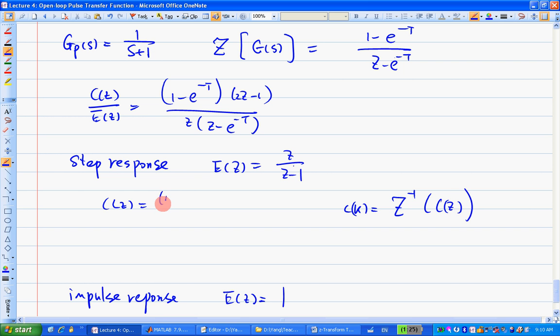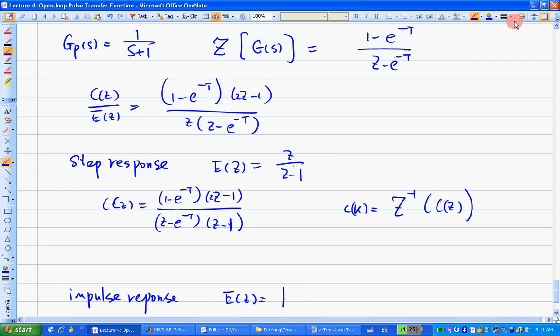So what do we have? We have 1 minus this. So this Z cancelled that Z, right? That's C of Z. And if you take the inverse Z transform and find C of k, you'll find the response.